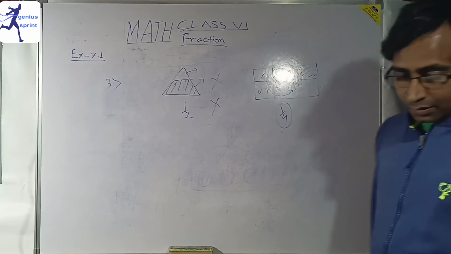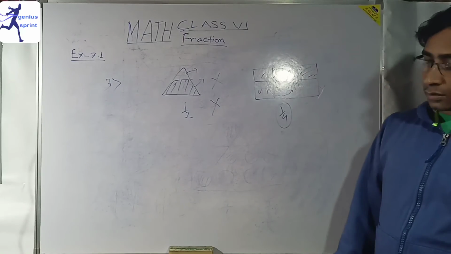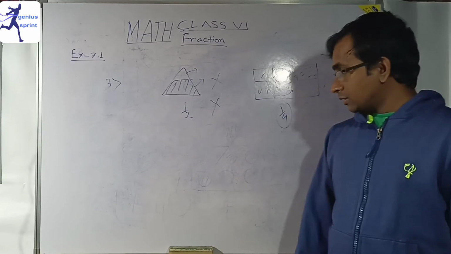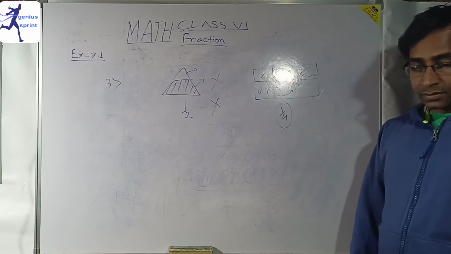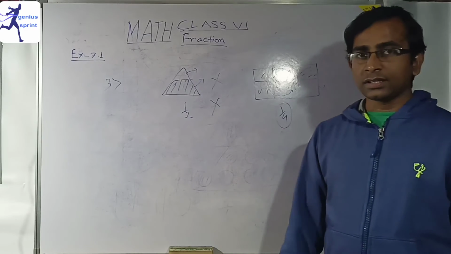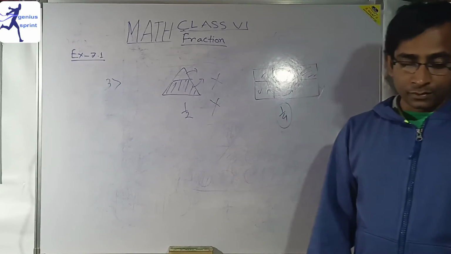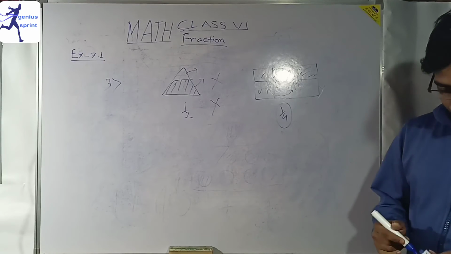Okay. So in the third figure also, I am sure you are observing your textbooks, and you can easily see that this part also is not a fraction. So the actual reason is that all the parts should be equal, which they are not. Okay, so that is why these are not fractions.